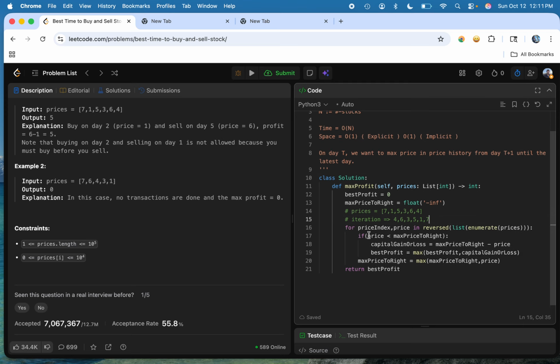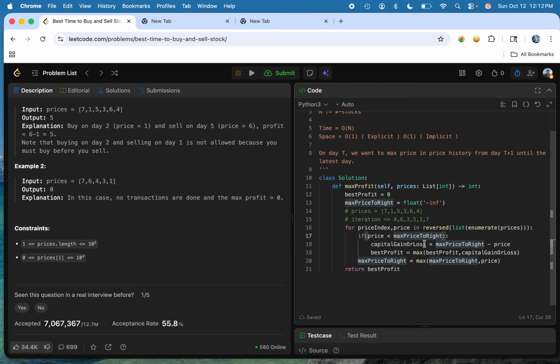All right, so we ask ourselves, if the price that we observe is less than the maximum price to the right, that means that there's a capital gain, because we have a price to the right that is greater than the current price.